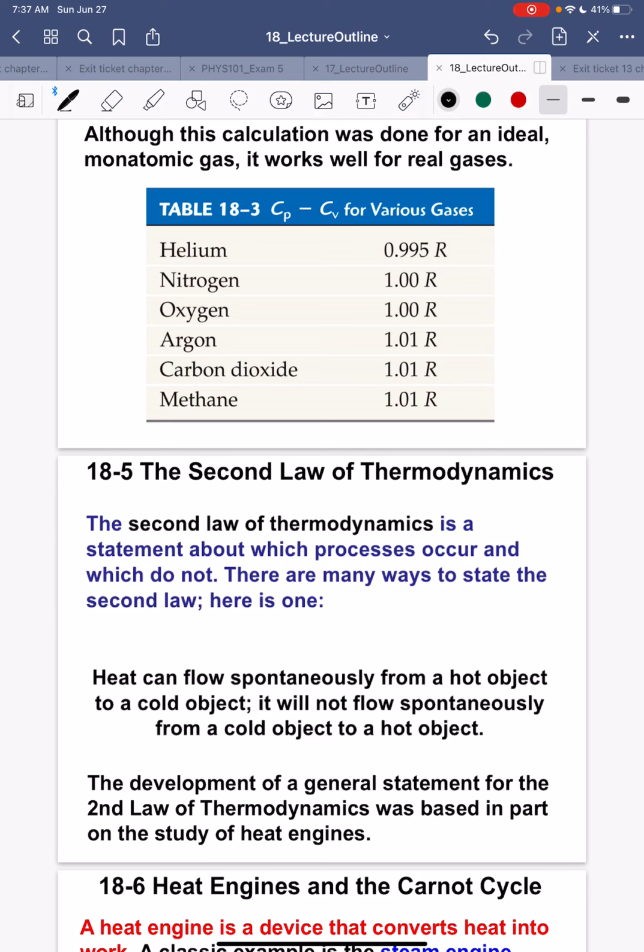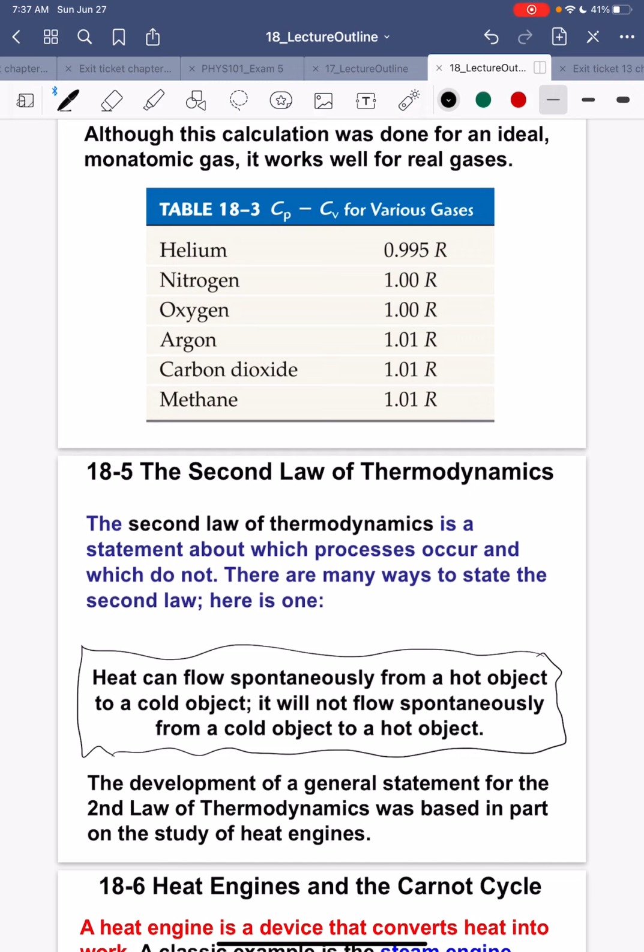The first statement: heat can flow spontaneously from a hot object to a cold object. It will not flow spontaneously from a cold object to a hot object. Spontaneously means naturally, without having any machine.